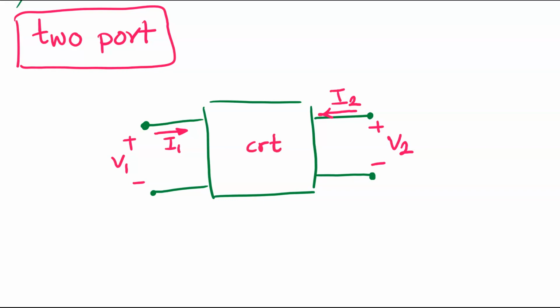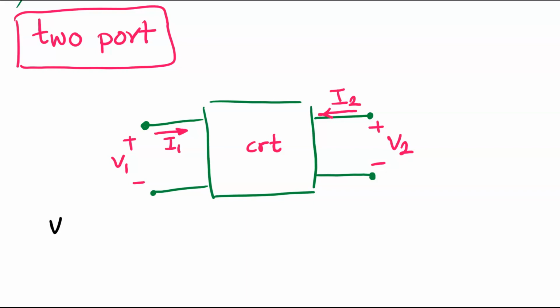In this two-port circuit, you saw that because we have 4 different parameters and 2 of them are independent parameters, there are 6 different approaches of describing the circuit by selecting different parameters as independent one.